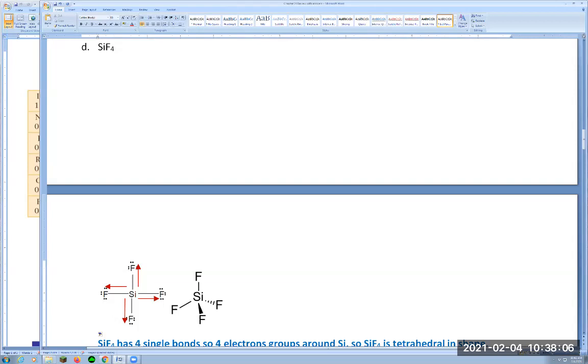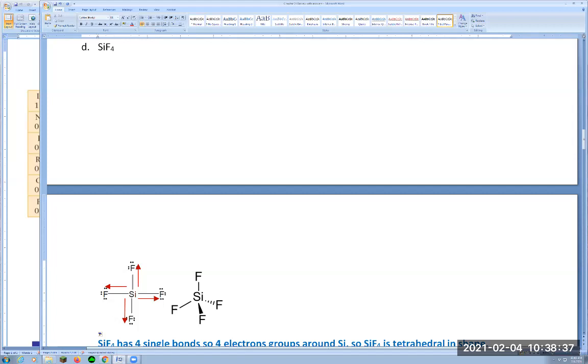So when you have four bonds pulling with the same strength, because the bonded atoms are the same, they will pull with the same strength. And here they pull in four different directions that are symmetrical, because for the electron groups to be as far away from each other from the silicon, they take the shape of a tetrahedron.